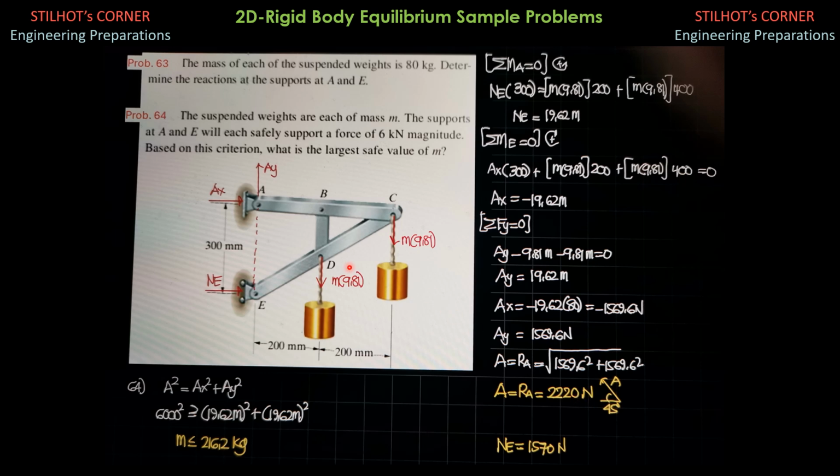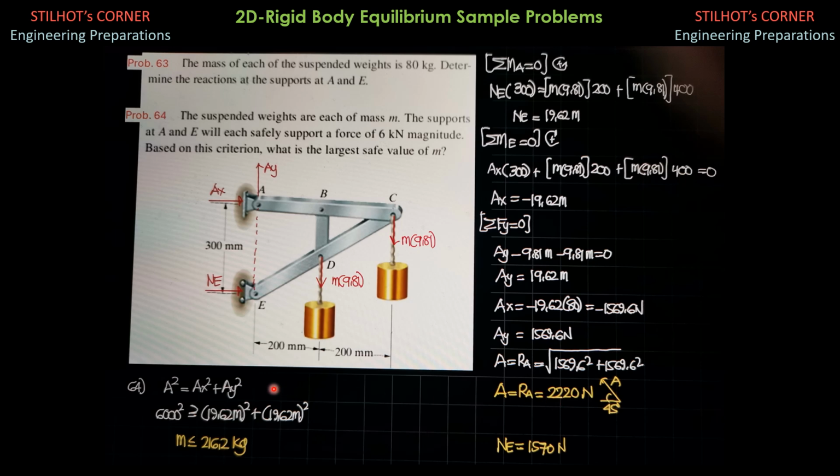So when mass is increased, definitely this will rise until such time that the capacity of the support is reached. The safe magnitude of the reaction that can be supported is 6 kilonewtons or 6,000 newtons. It might be reached or surpassed. So therefore, A is more critical compared to E because it has greater reaction value.